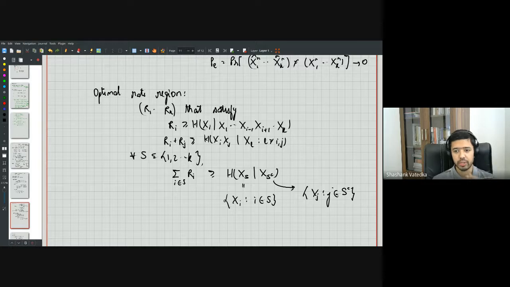So you have short packet communication involving a very large number of users, where the number of users is roughly the same as the length of the packet that each user is allowed to transmit. In that case, the whole problem changes, and things are not that well understood anymore. But in the scenario where you have k users and n, the size of each transmission, is much larger than k, things are much better understood.